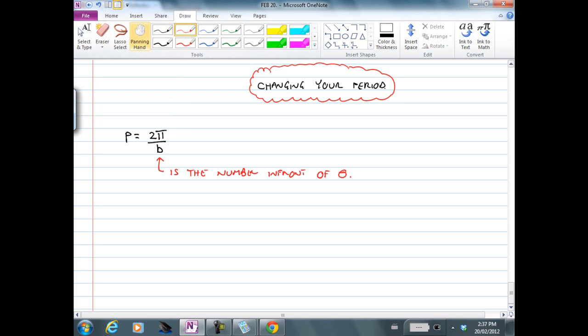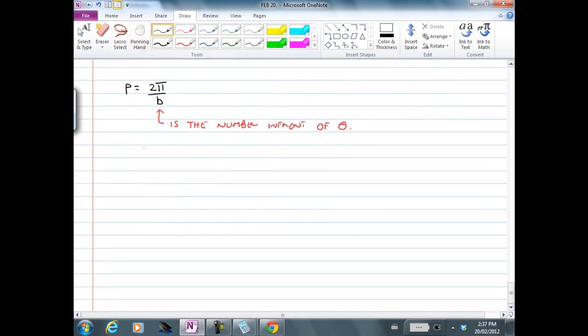For example, I'm going to give you a question. y equals sine 2 bracket theta minus pi by 2. Few key things I want you to focus on.